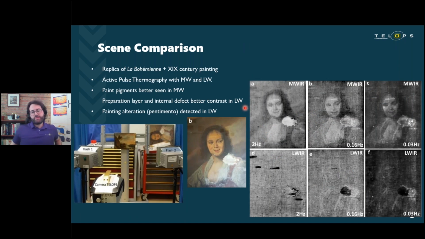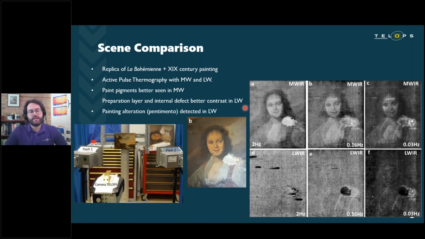Another great scene comparison that I wanted to talk about is this work that was done at the Louvre in Paris, the research center for repairs and taking care of artifacts and paintings in France. They collaborated with Telops with a midwave and longwave camera.